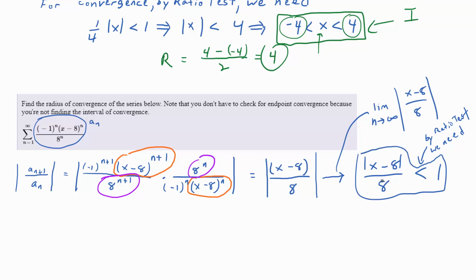Isolate the absolute value of x minus 8. Multiply both sides by this 8, I should say. And you get 8 on the right side. Absolute value of x minus 8 is less than 8. To drop the absolute values, what do you do? Not that you really need to, because you're just looking for r here.